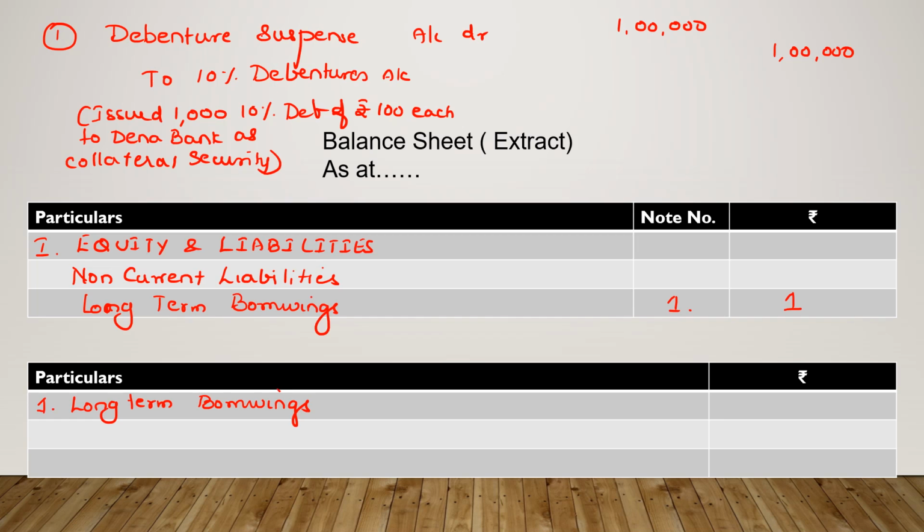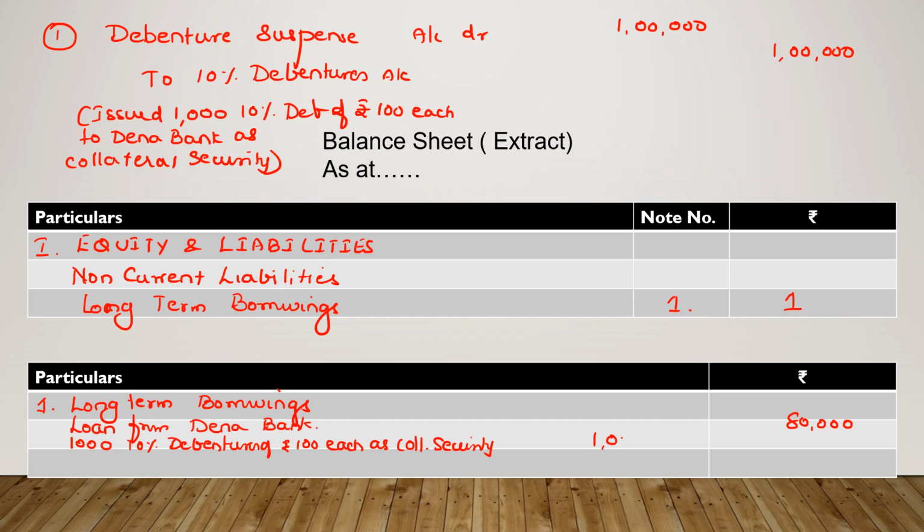We will be writing whatever is the loan from the Dena Bank, that would be appearing here at 80,000 rupees. But for the second part, we are going to show that there were 1,000 10% debentures of rupees 100 each issued as collateral security. That is rupees 1 lakh.